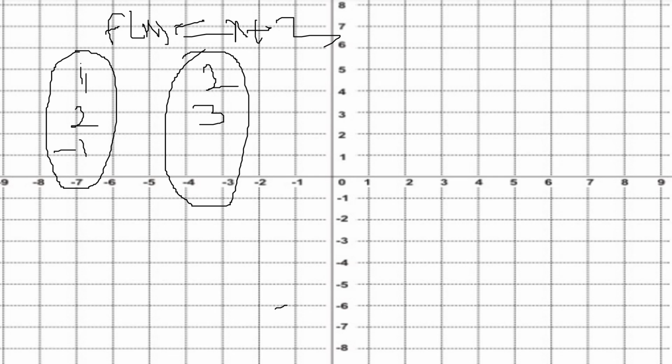If I put in minus 1, minus 1 plus 2 is 1. If I put in minus 2, minus 2 plus 2 is 0. So 1 maps to 3, 2 maps to 4, minus 1 maps to 1, minus 2 maps to 0. This is the function from domain to codomain.